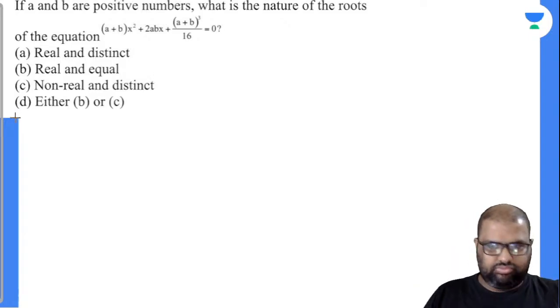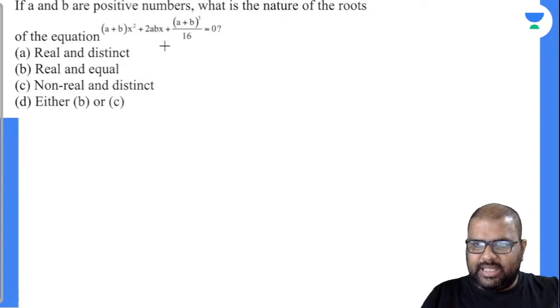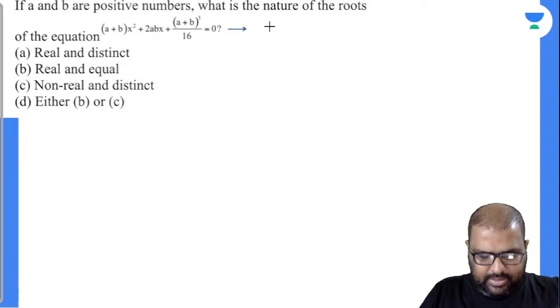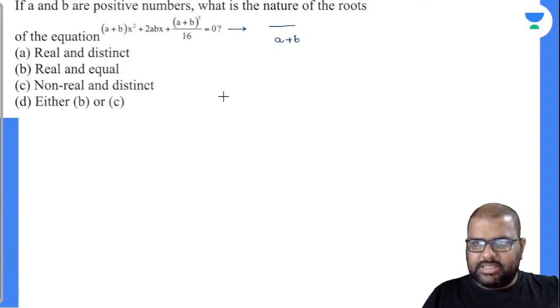Observe the equation there. This is the equation given there. I will change this equation. I will divide this entire equation by a plus b to make it easier to calculate.